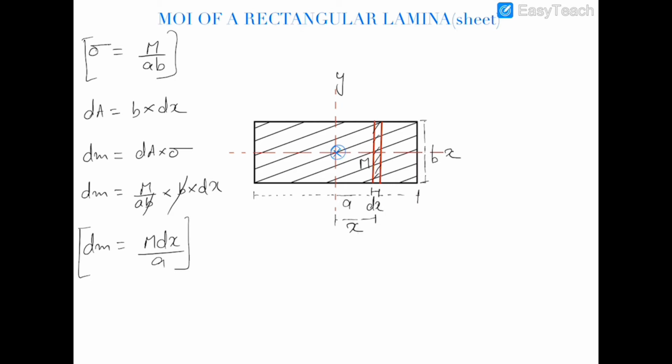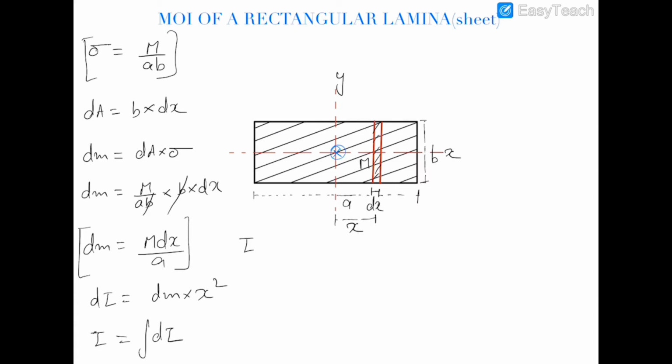Now the moment of inertia of this element about the y-axis would be dm into x squared, and the total moment of inertia would be the integration of dI.